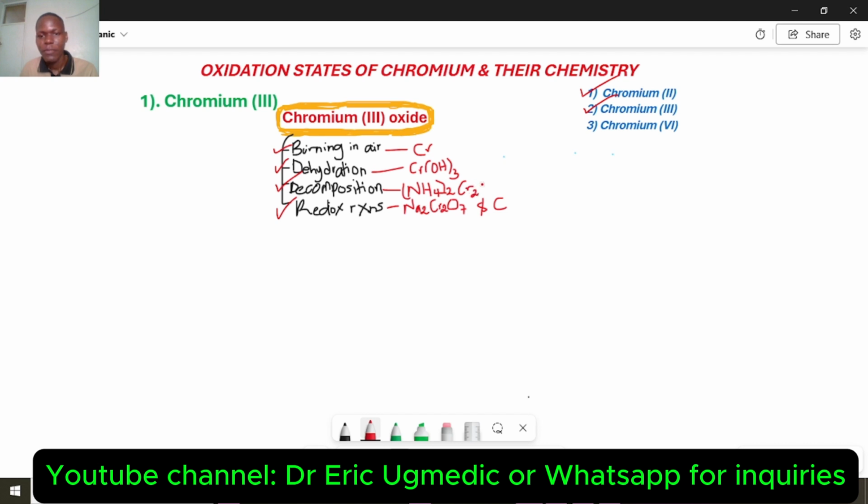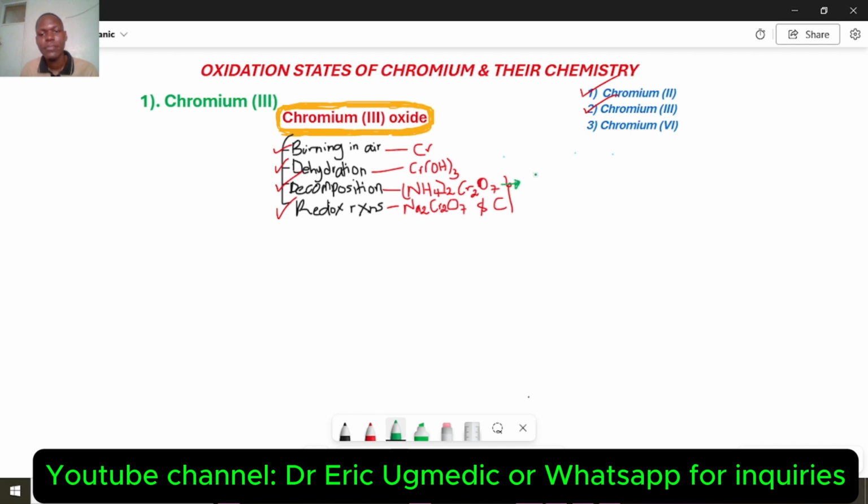So after you cover the part of elements in the oxidation state of +6, you'll be able to appreciate these two more. Then still under decomposition, we shall also see the chromium salts as well.